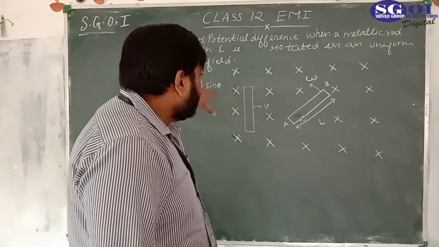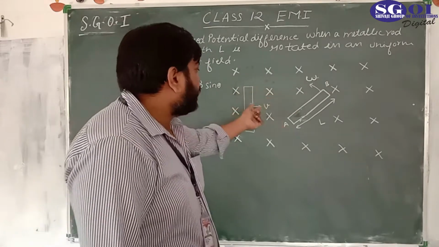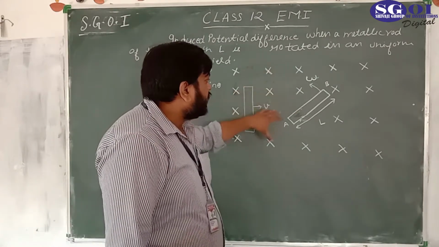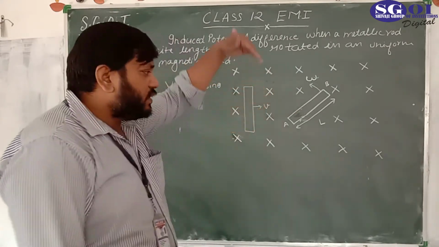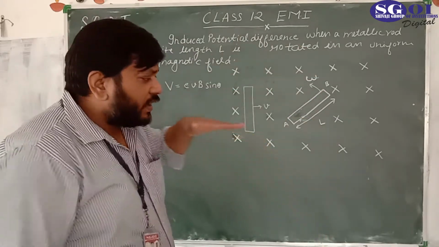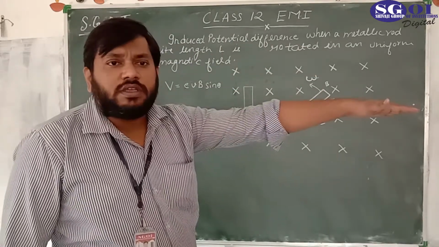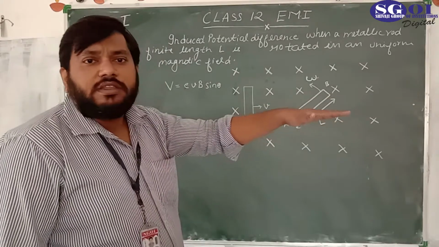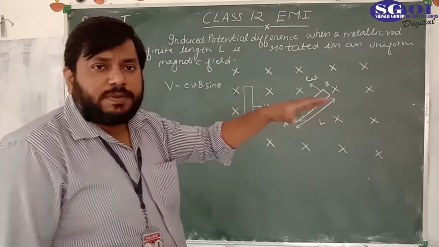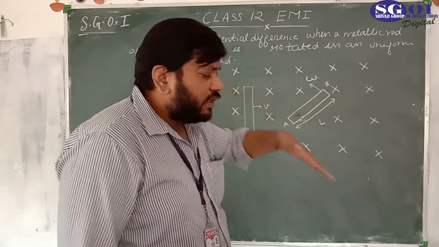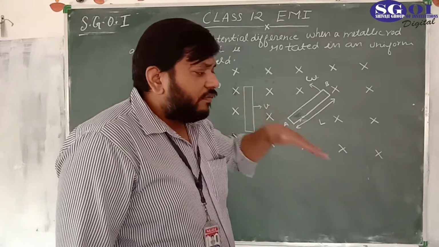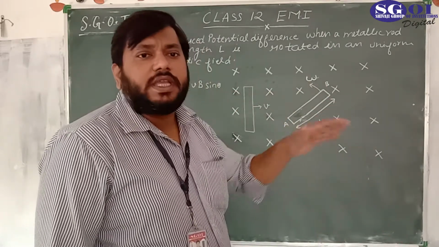If this velocity is making an angle theta with the magnetic field, it means the conductor is not moving horizontally. We are now considering the case in which the velocity and the magnetic field make an angle theta.